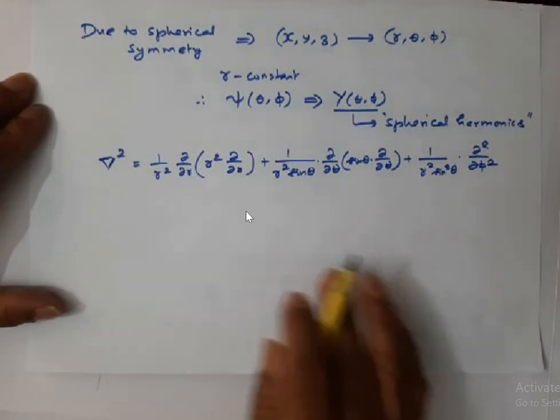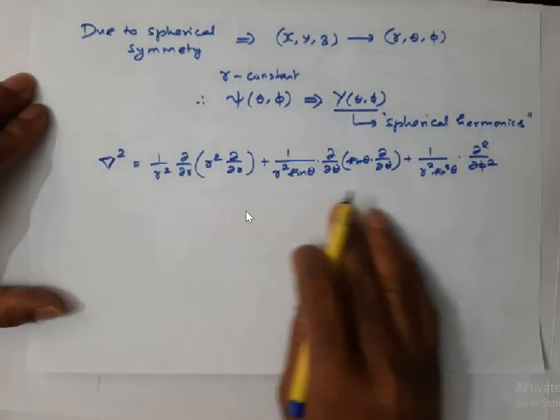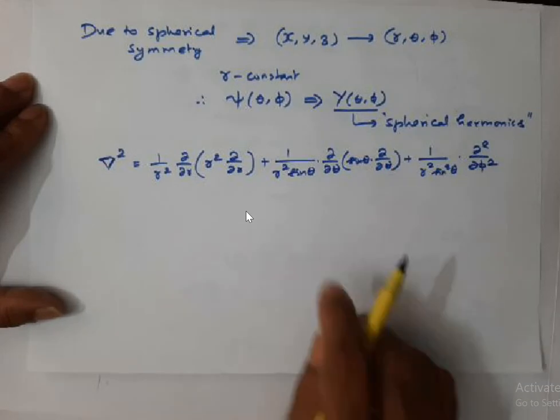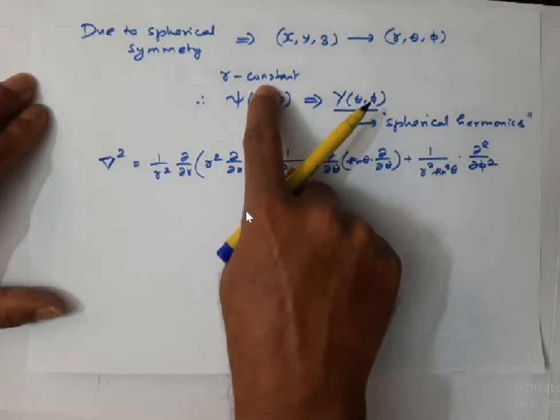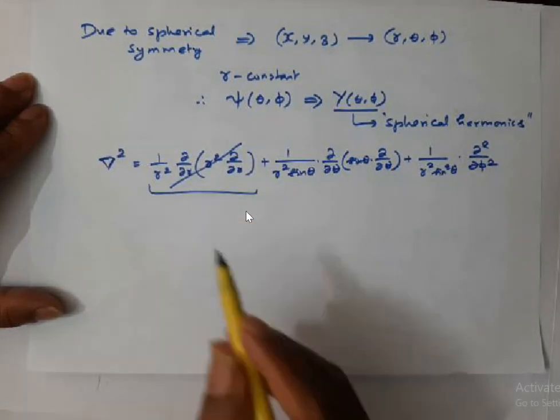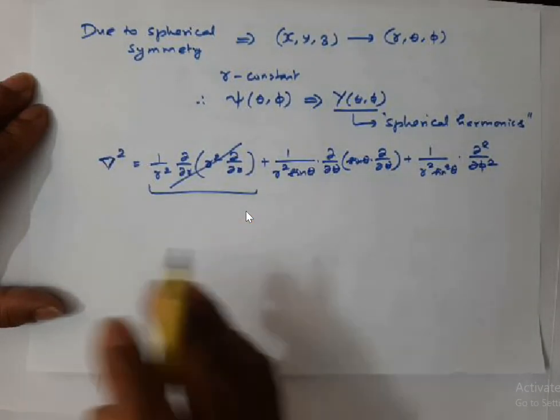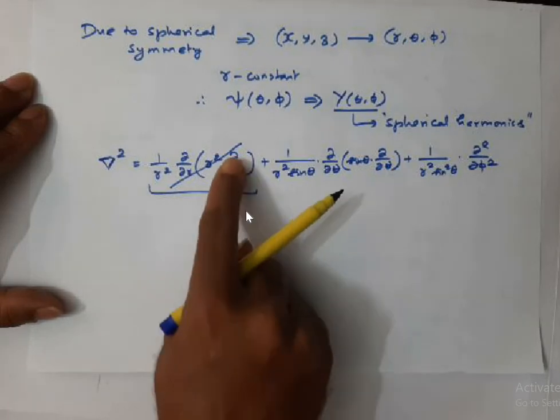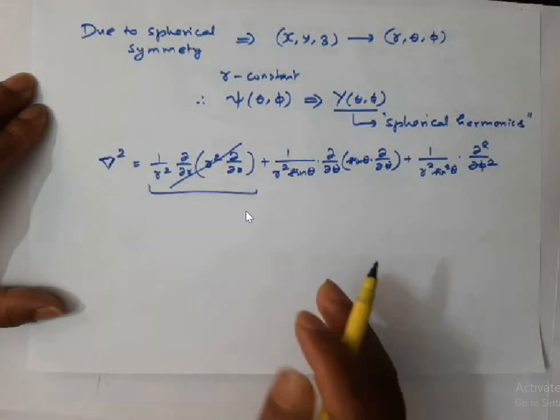This is the del square operator in spherical polar coordinates, but in our case r is constant, therefore this term becomes 0. That term doesn't appear because we have the dou by dou r term, and dou by dou r becomes 0.